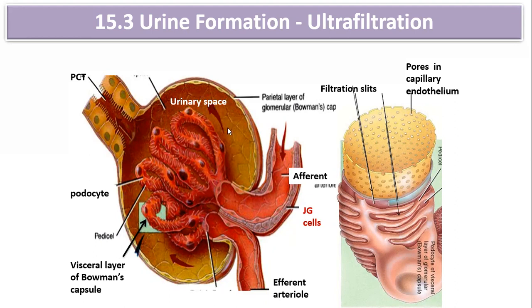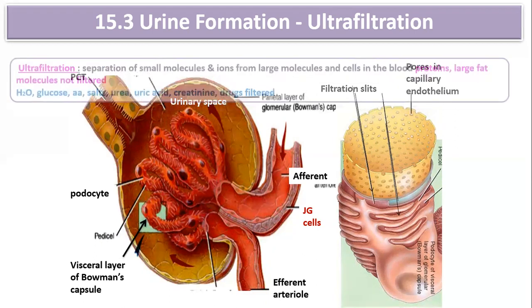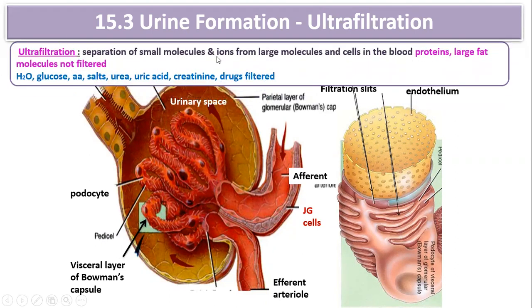This is where the first urine is formed, which is called primary urine, or glomerular filtrate, or deproteinized plasma. It has the same composition as plasma, but it does not have protein, so it is called deproteinized plasma. You can see here that this is ultrafiltration: separation of small molecules and ions from the large molecules and cells in the blood. Protein and large fat molecules are not filtered, but water, glucose, amino acids, salt, urea, uric acid, creatinine, and drugs are filtered.